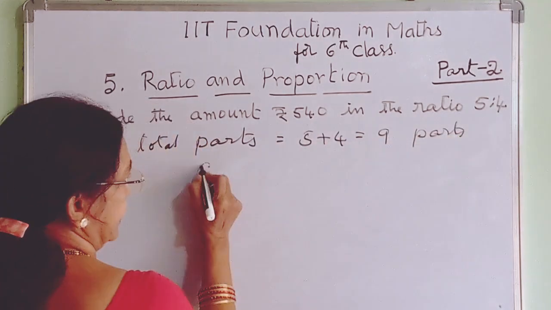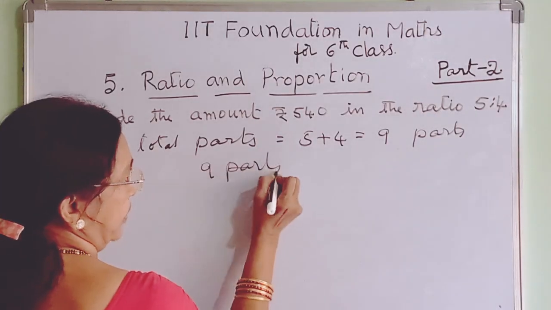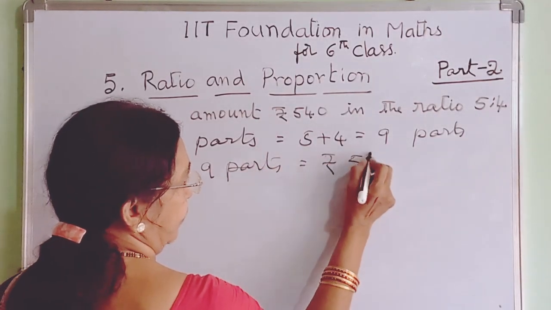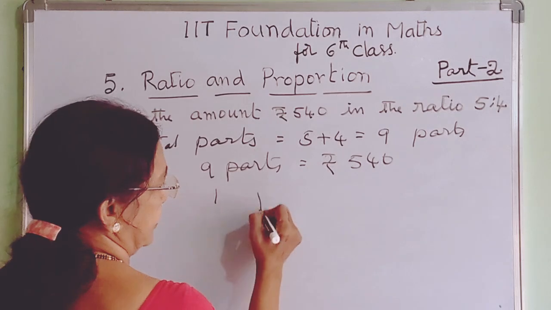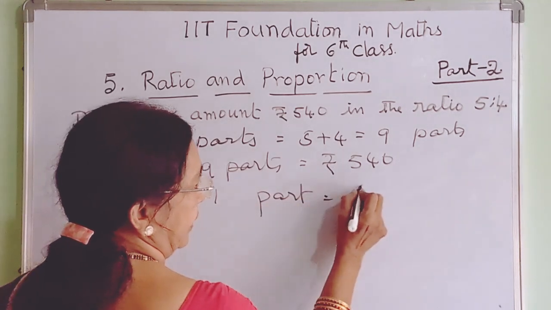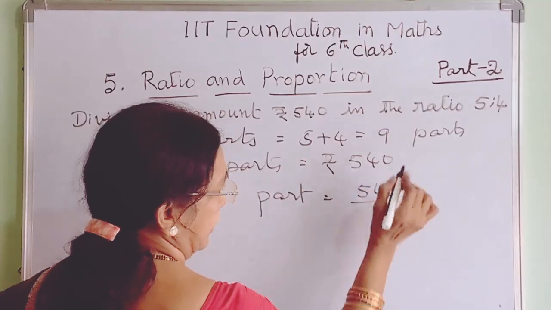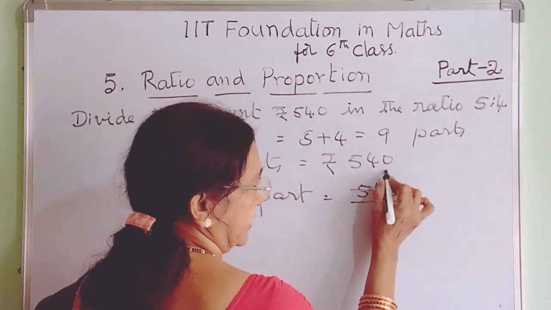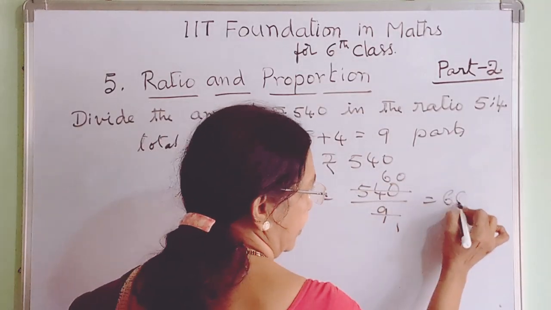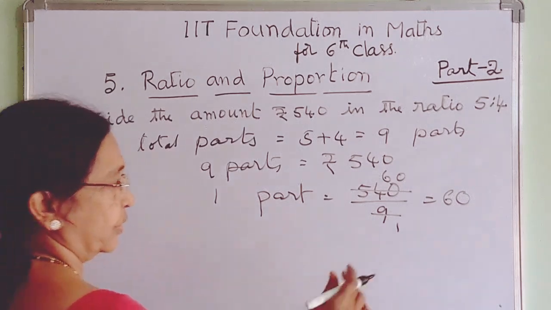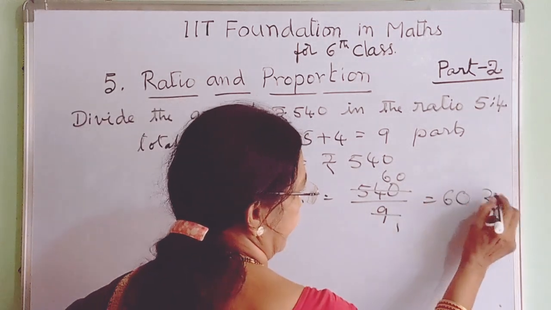So 9 parts is equal to rupees 540. So 1 part is equal to 540 by 9. 9 ones 9, 6, 54, 6. So 1 part is equal to rupees 60.